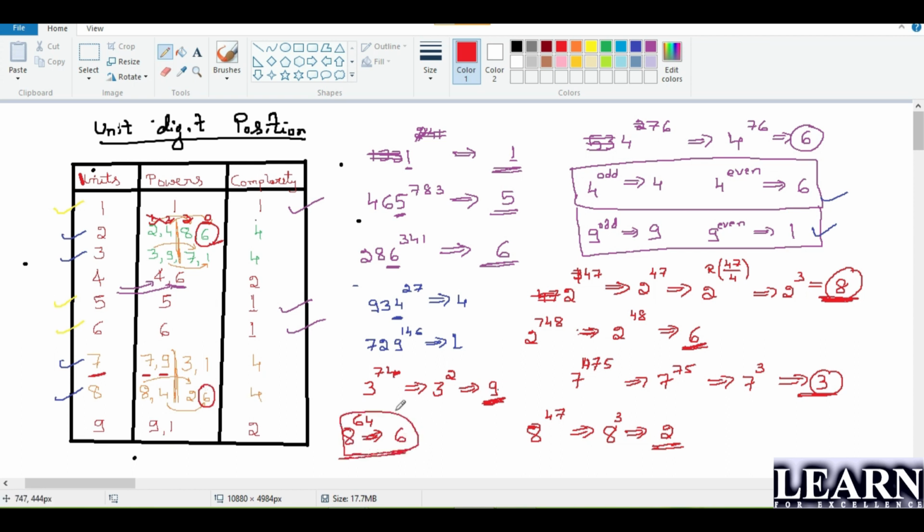I just want you people to confirm, when there is no remainder, the number will be the last number in the list. Is it clear, guys, with the unit digit? Do you guys have any doubt in the unit digit here? Any doubts, guys? Please let me know.